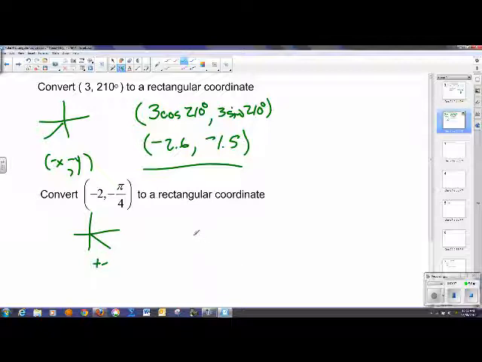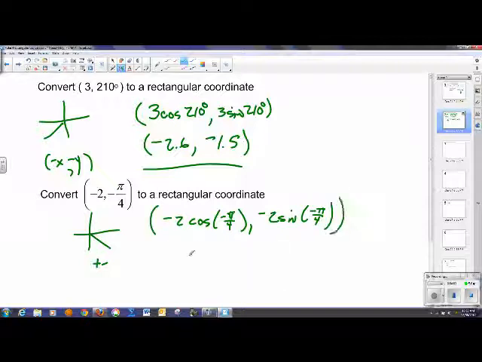And it's the same basic calculation, except now we're in radians. So we're going to take negative 2, multiply that by the cosine of negative pi over 4, and negative 2 multiplied by the sine of negative pi over 4.